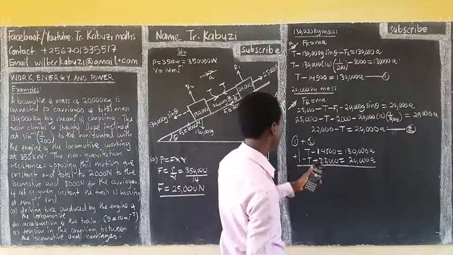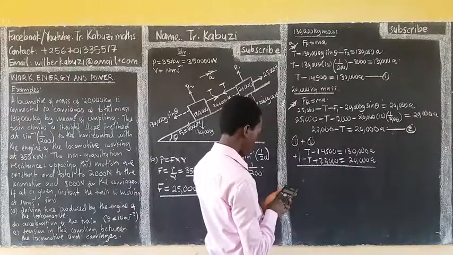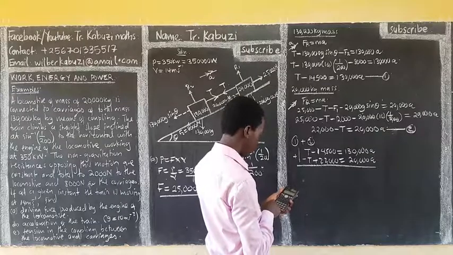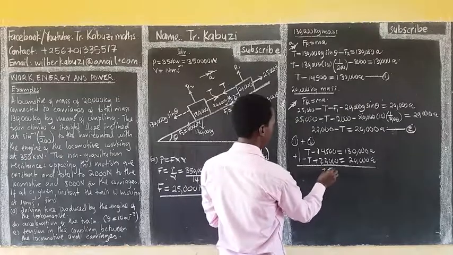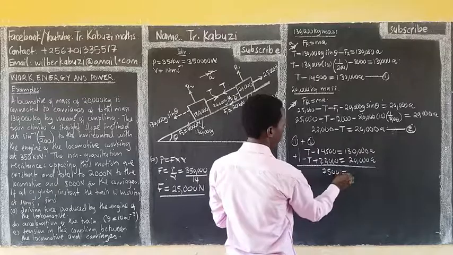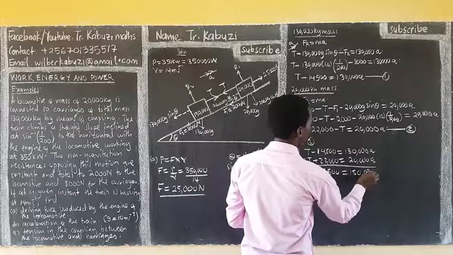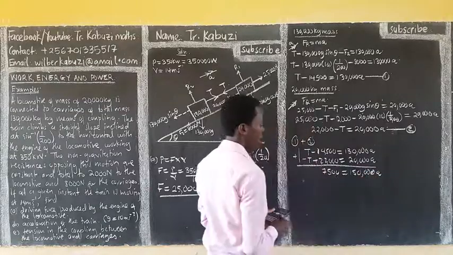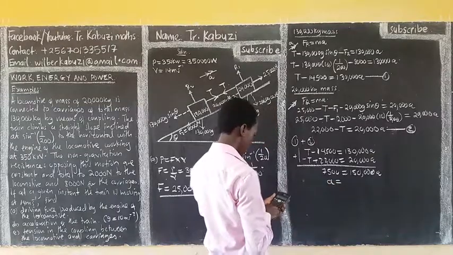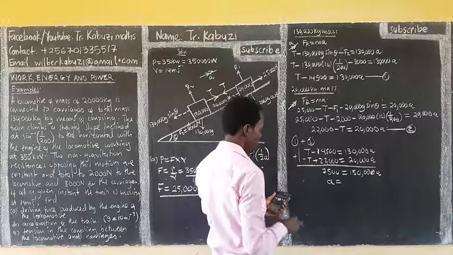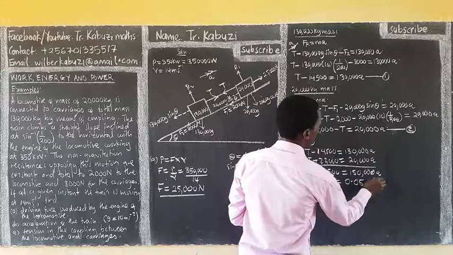Then when I add this to this, this will give me 30,000 equals 150,000 a. And from there, our a is going to be 0.05 meters per second squared.